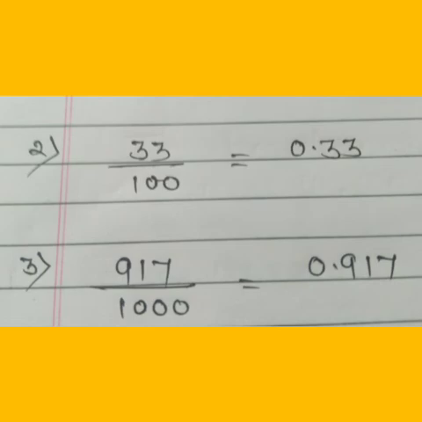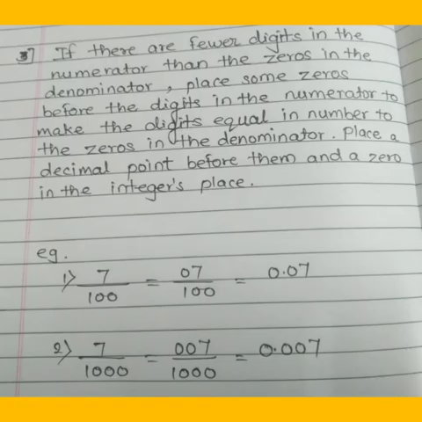Third type, if there are fewer digits in the numerator than the zeros in the denominator, place some zeros before the digits in the numerator to make the digits equal in number to the zeros in the denominator. Place a decimal point before them and a zero in the integer's place. For example, 7 by 100.